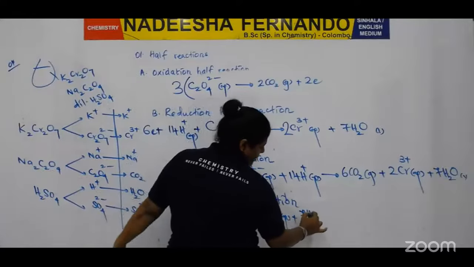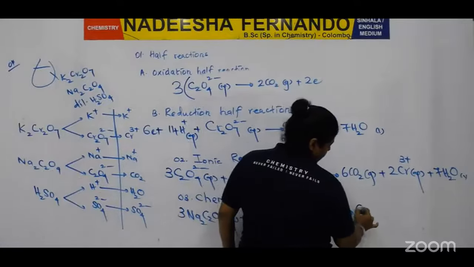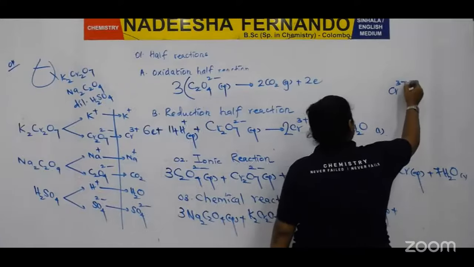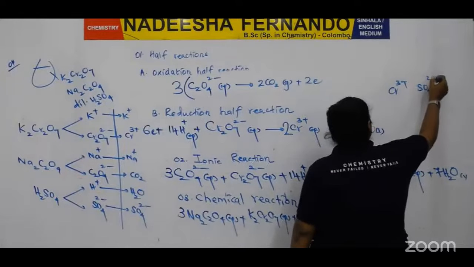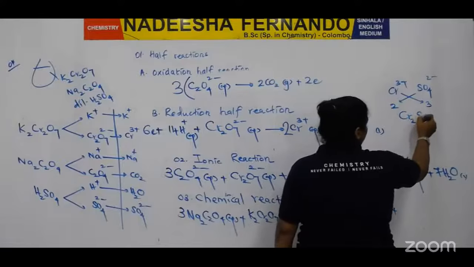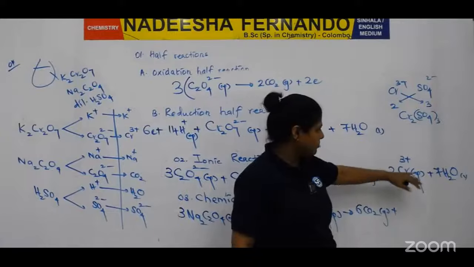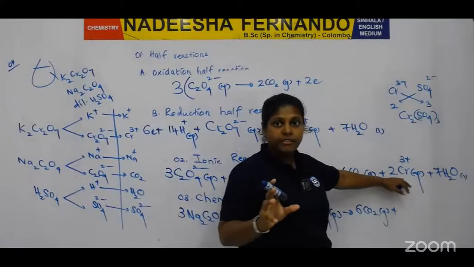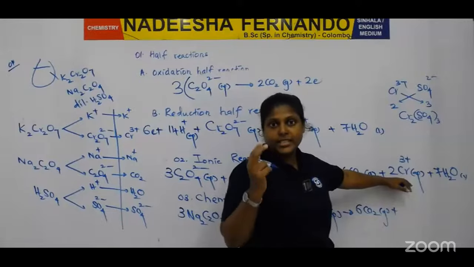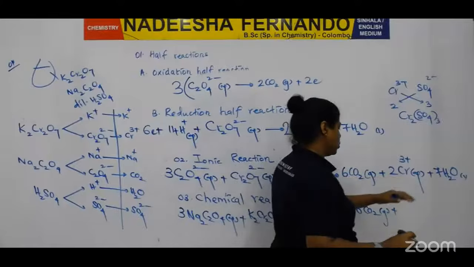7 H2SO4 on this side. Other side 6CO2 gas plus Cr3 plus and SO4 2 minus. Exchange charges 2 and 3: Cr2(SO4)3. We need 2 chromium, right? So when we write chromium 3 sulfates, it already has 2 chromium. Therefore, no need to multiply by 2.